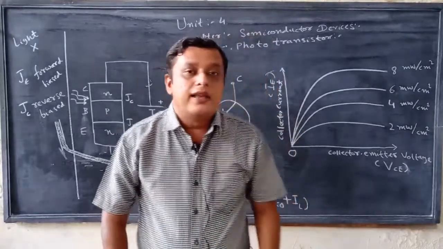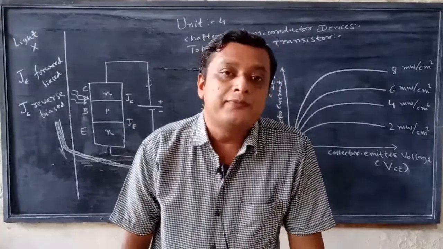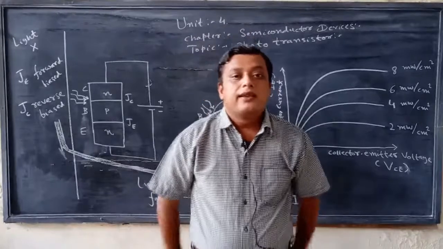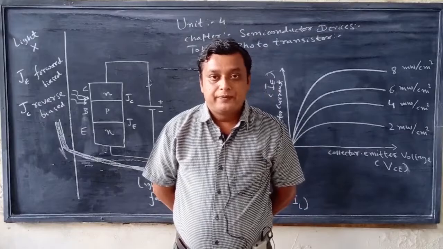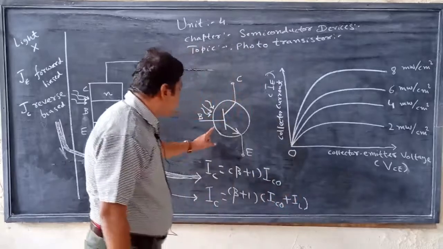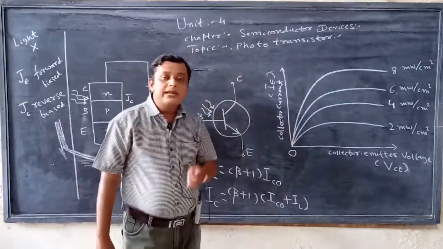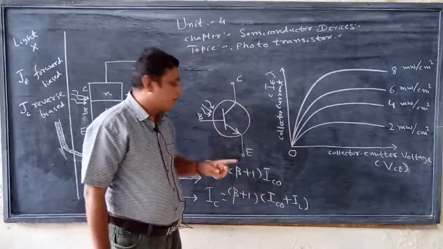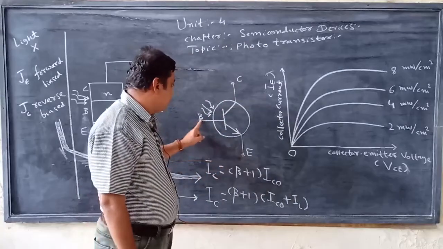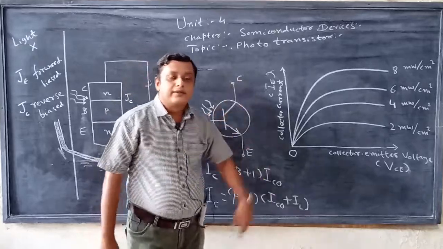Actually, there are two types of transistor: NPN transistor and PNP transistor. Transistor means there are total three terminals: emitter, base, and collector.